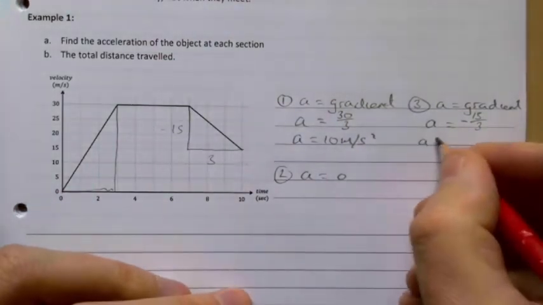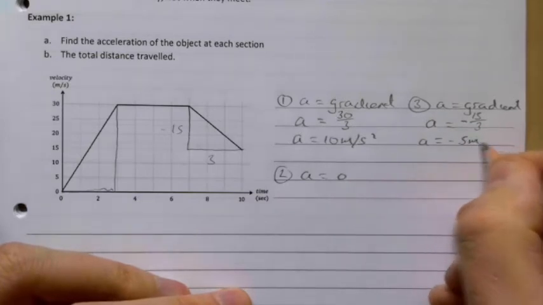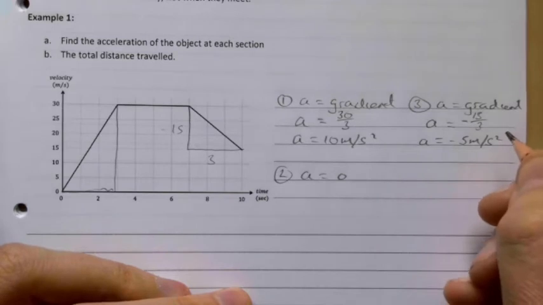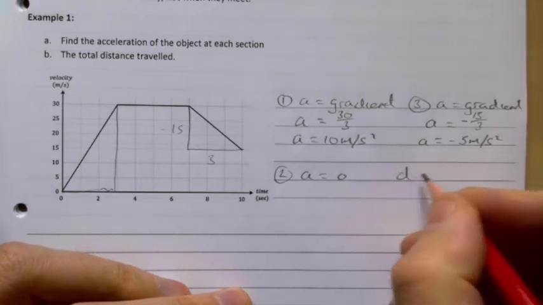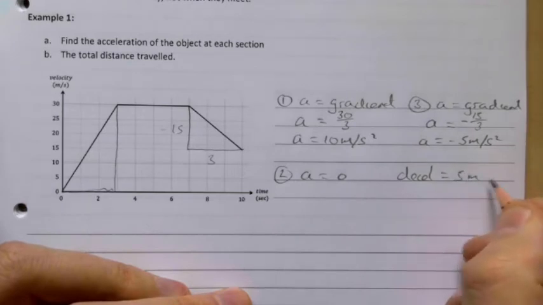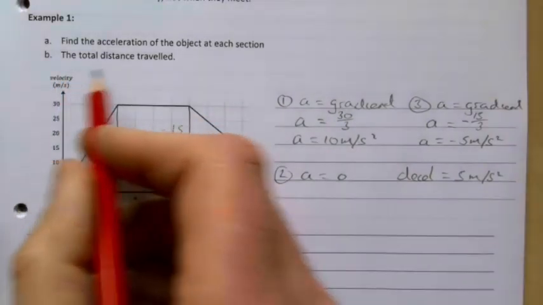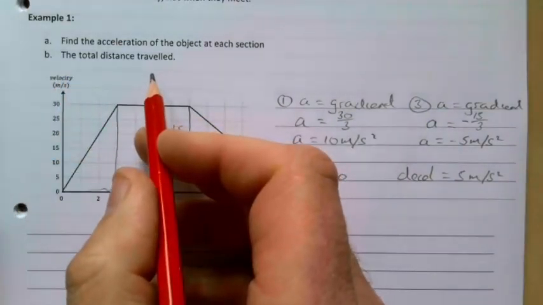So our acceleration then is minus 5 meters per second squared, or if you wish, a deceleration of 5 meters per second squared.